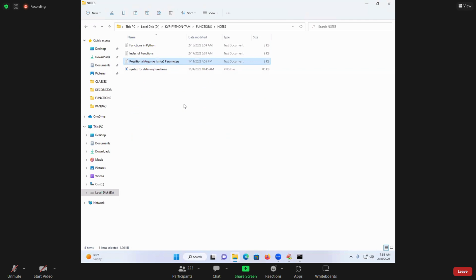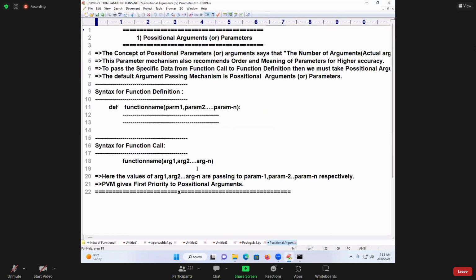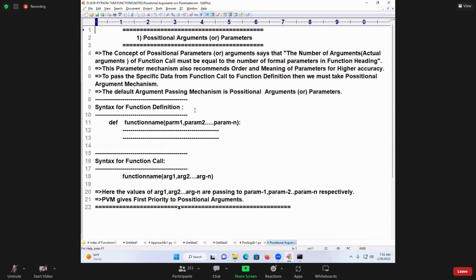So many examples we'll discuss. I will open one small documentation. What the positional arguments are, which I told you, the same thing is there. I explained it already. Now try to read it out. The concept of positional arguments or parameters says that the number of arguments, maybe for some students of C language, we call them actual arguments.